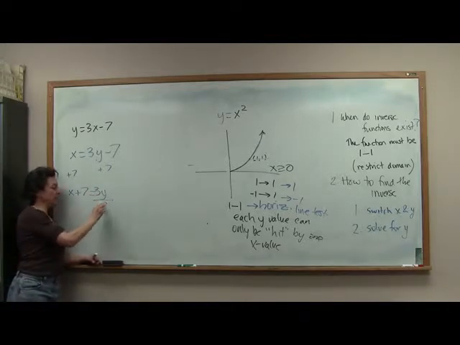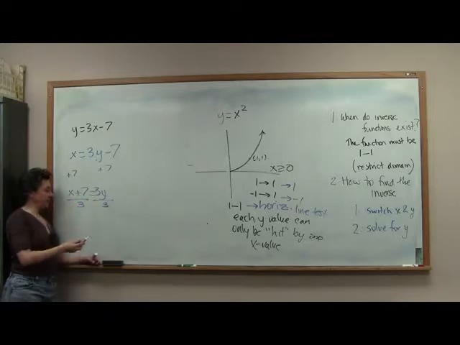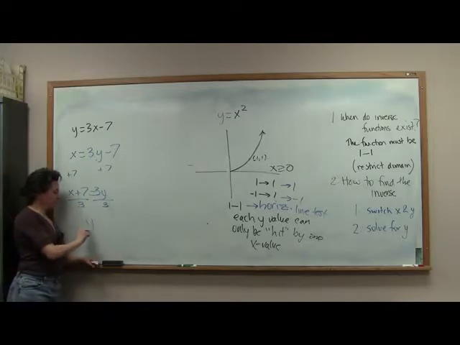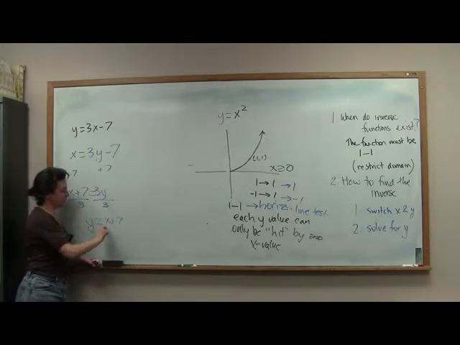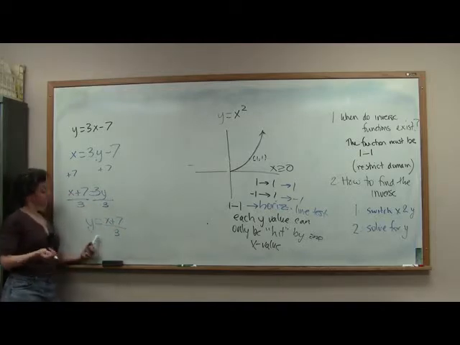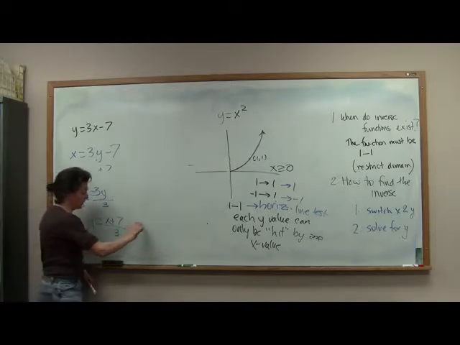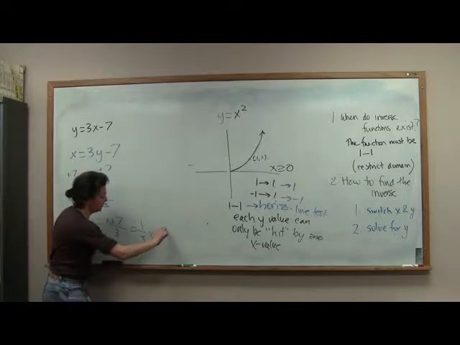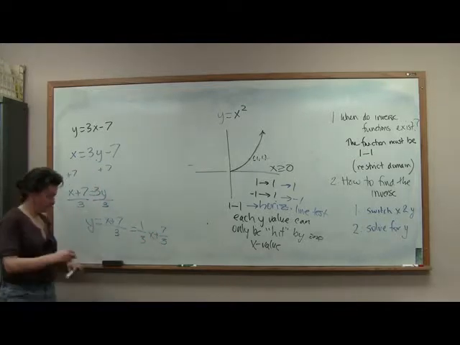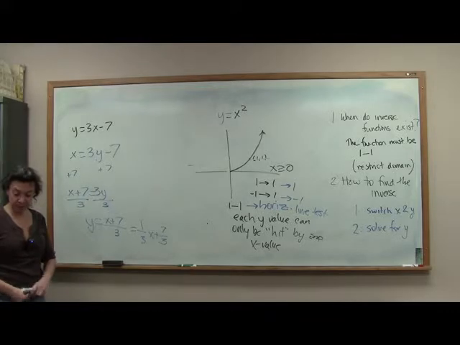And now to get y alone, I divide both sides by 3. So I could say y is (x plus 7) over 3. And we got it. Another way to write this is 1/3 x plus 7/3. And that's our first example.